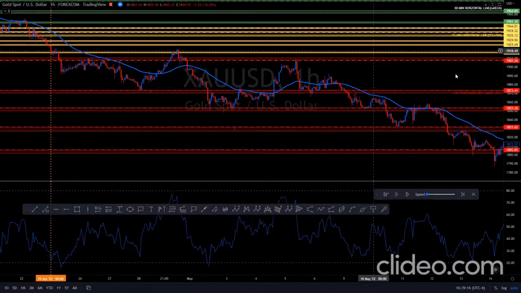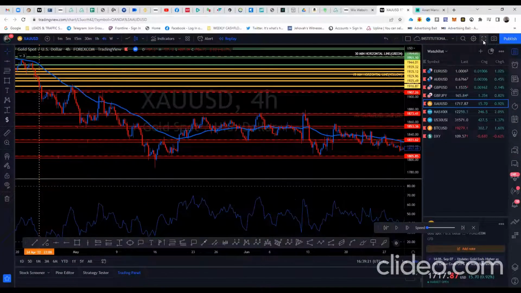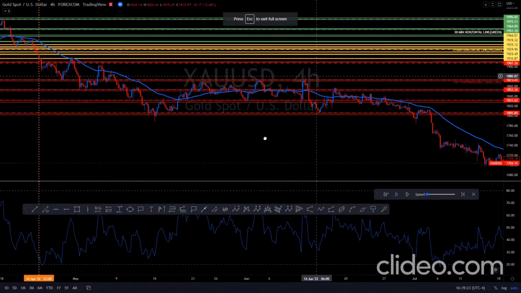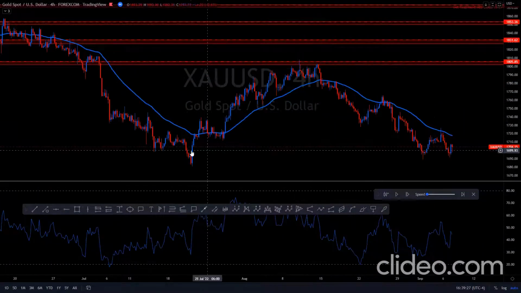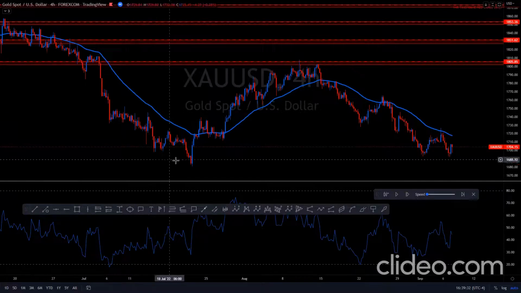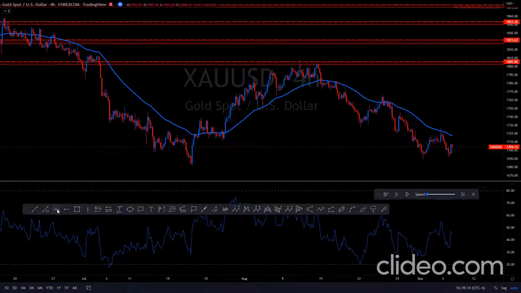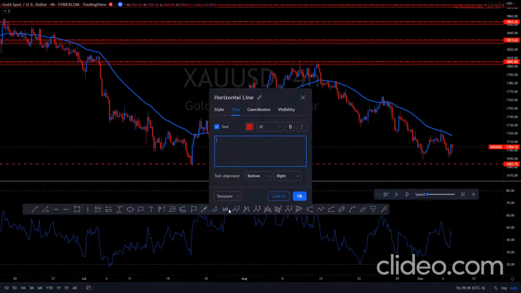Now we want to move on to the 4 hour. This is the 4 hour time frame. So now we see that price broke this zone and eventually came down to this demand zone here. And that's where it kind of ended a little bit. So we want to make this purple.